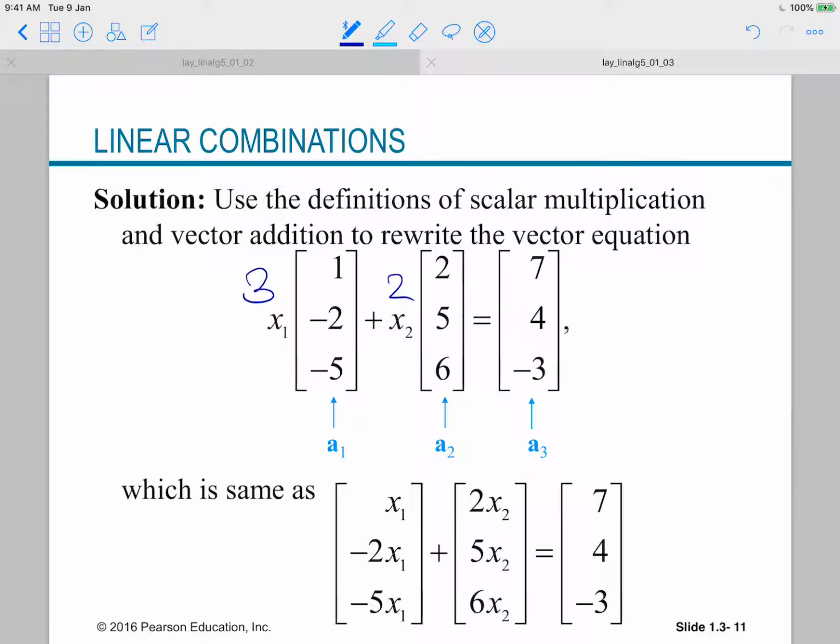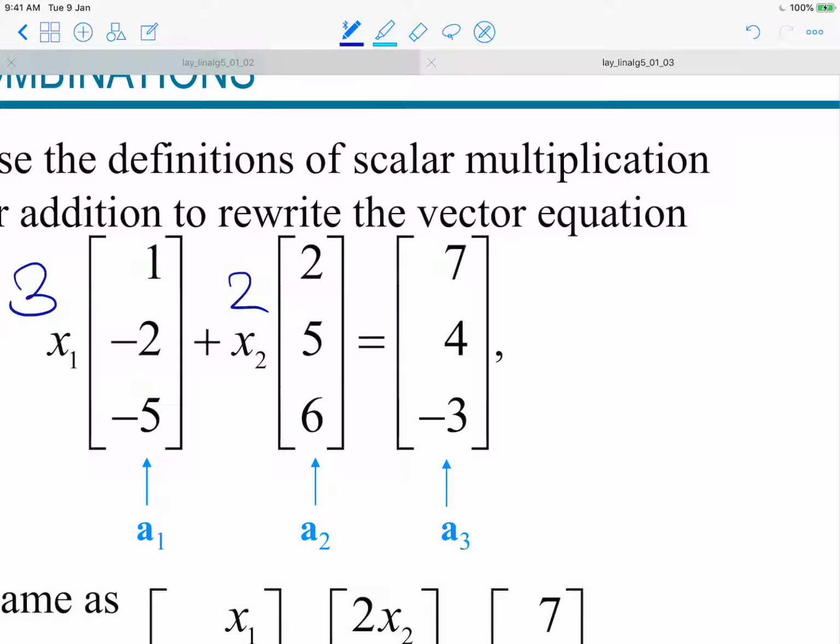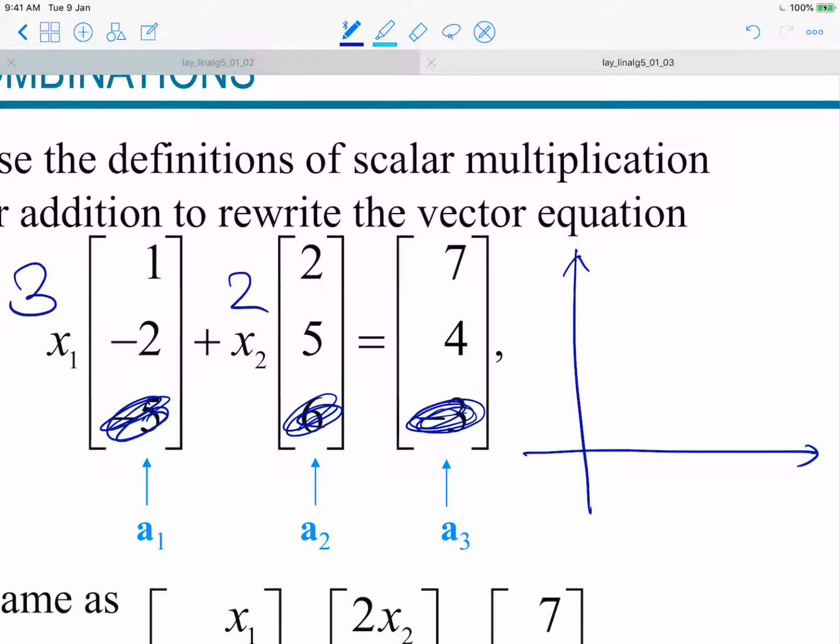So if we think of this problem, we can consider this problem as follows. To just simplify the problem, let me remove the third entry so that we can think of it in a two-dimensional space. And in this case, it is this guy, right?